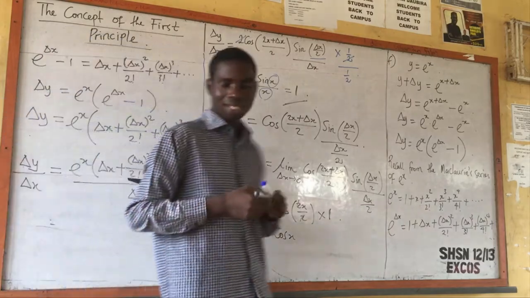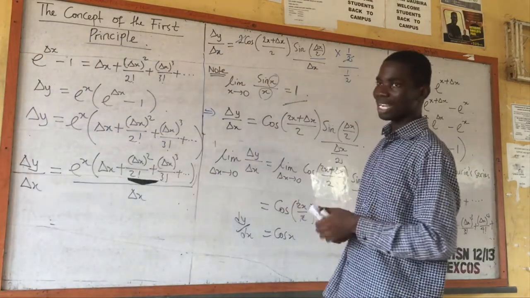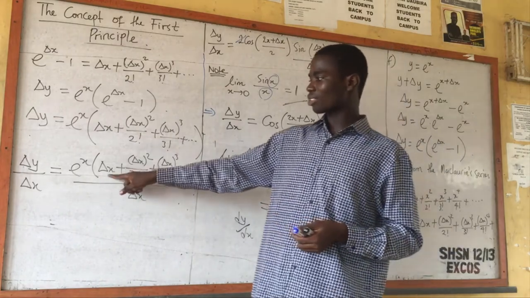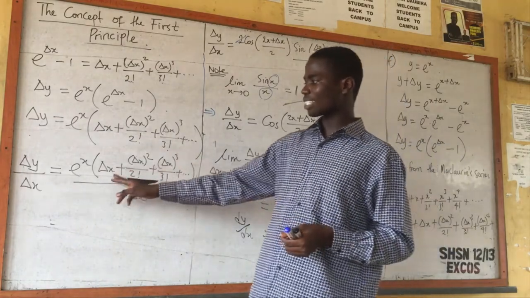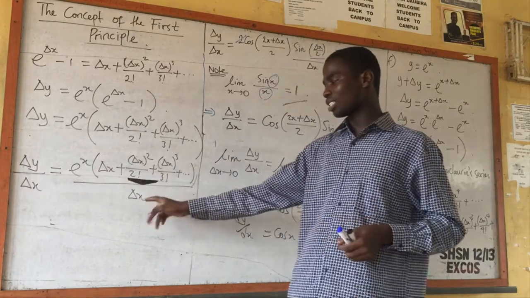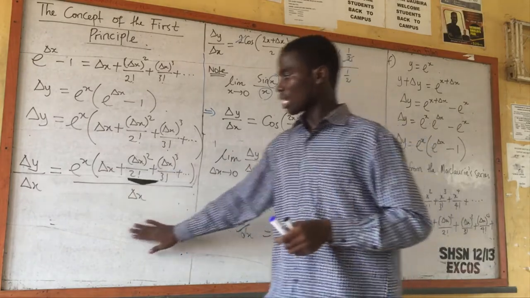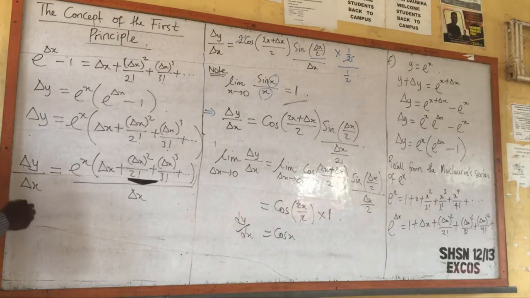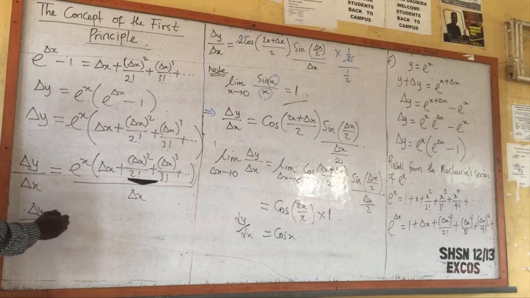If you look at what is in the bracket, delta s is common throughout. So if I factorize delta s out, the delta s will cancel, and I'll be having delta y over delta s.